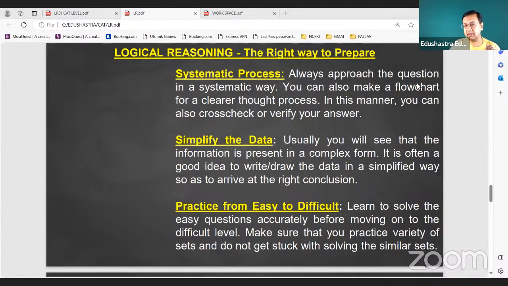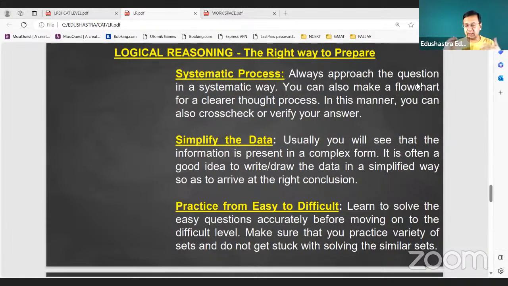Practice from easy to difficult, right? Do not jump directly to the difficult sets. Why? If you go directly to the difficult set, maybe you are able to solve, that's very good. But in case you are not able to solve, or you are taking a little longer time, then this will add up to demotivation, right?